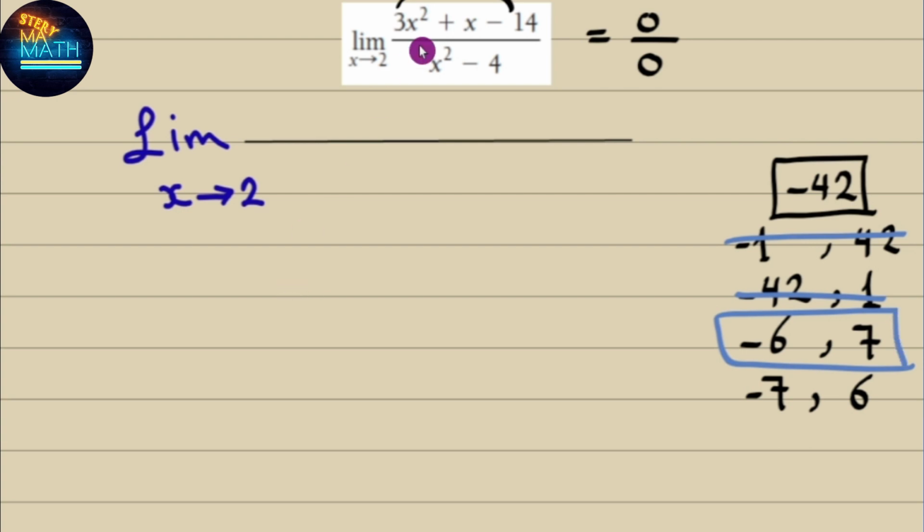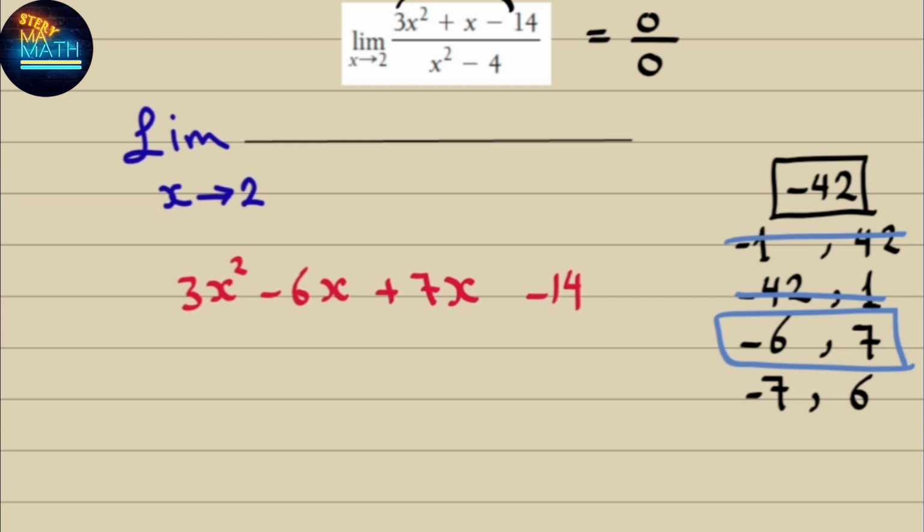So I will rewrite the expression 3x to the power 2 plus x minus 14 as 3x to the power 2, the first term, and the last term, negative 14, but the term in the middle I will rewrite as negative 6x plus 7x. And then I will divide it into two groups.